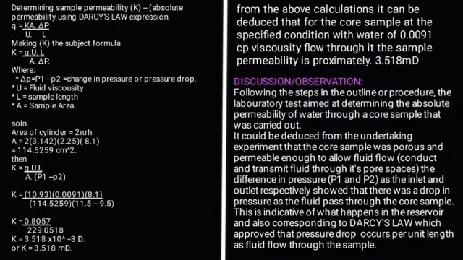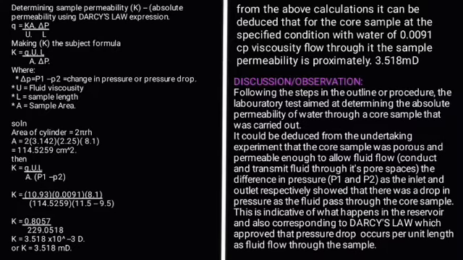Discussion and observation. Following the steps in the outline or procedure, the laboratory test aimed at determining the absolute permeability of water through a core sample was carried out. It could be deduced from the undertaken experiment that the core sample was porous and permeable enough to allow fluid flow, conduct and transmit fluid through its pore spaces.